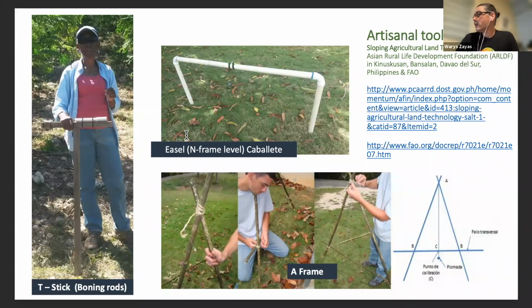And the other one is the easel or A-frame level, right? In Spanish we call it the caballete. All of this information was taken from a manual published by the Food and Agriculture Organization of the United Nations. I will be sharing the link to that manual in the email that we will send next week.